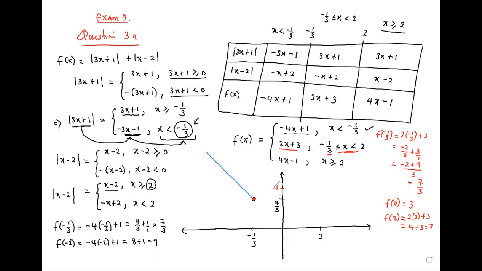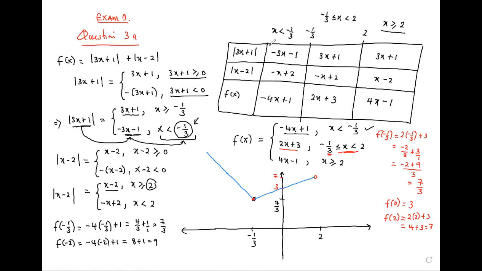Wonderful. And then when you place 2, we get 7. 7 is on top there. And it will be open. So we can put up our sketch. Crosses here. Goes here.